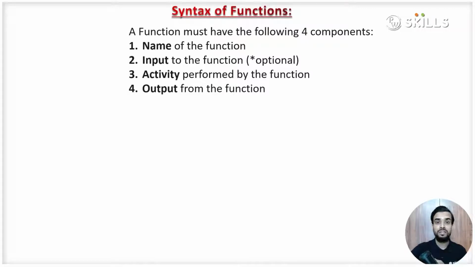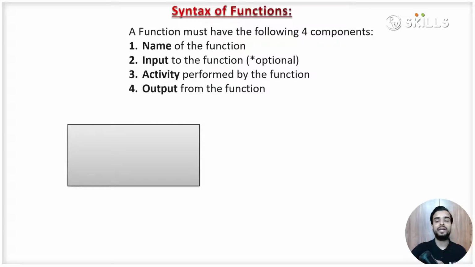Please remember, this is how the name of the function has to be specified here. And immediately, always after the name of the function, it must be followed with a pair of parentheses like this. And it is in between these parentheses, you will have to specify if in case this function would be receiving any input from the caller.